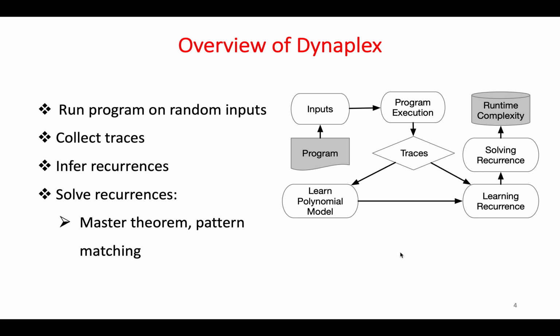Those traces are then analyzed to infer recurrences and polynomial relations, which are then solved using master theorem and other pattern matching techniques to produce the worst-case runtime complexity.